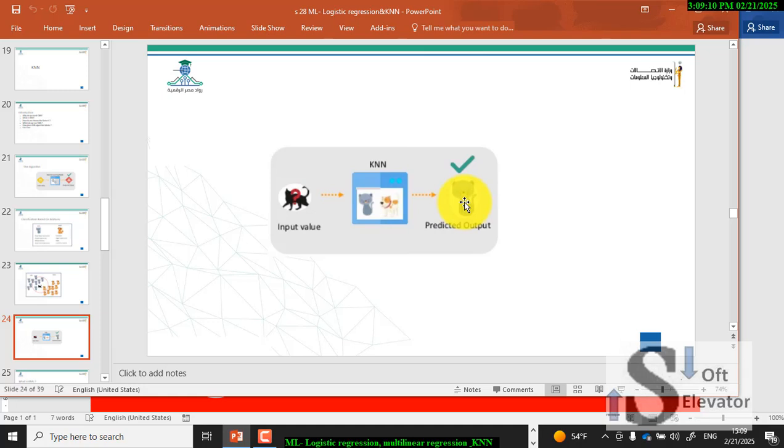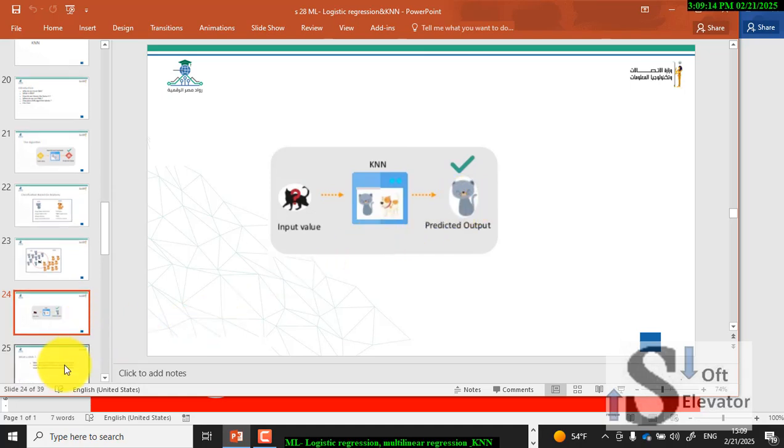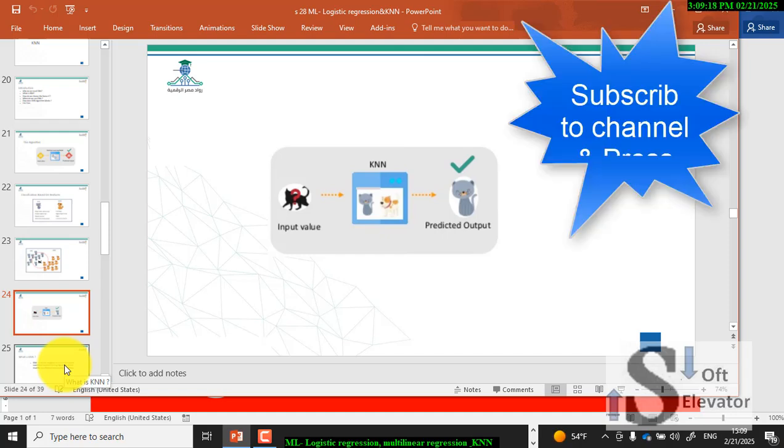It's cat or dog or rabbit. It depends on the feature and the distance and the relation between the features of this input and the features of the surrounding neighbors.